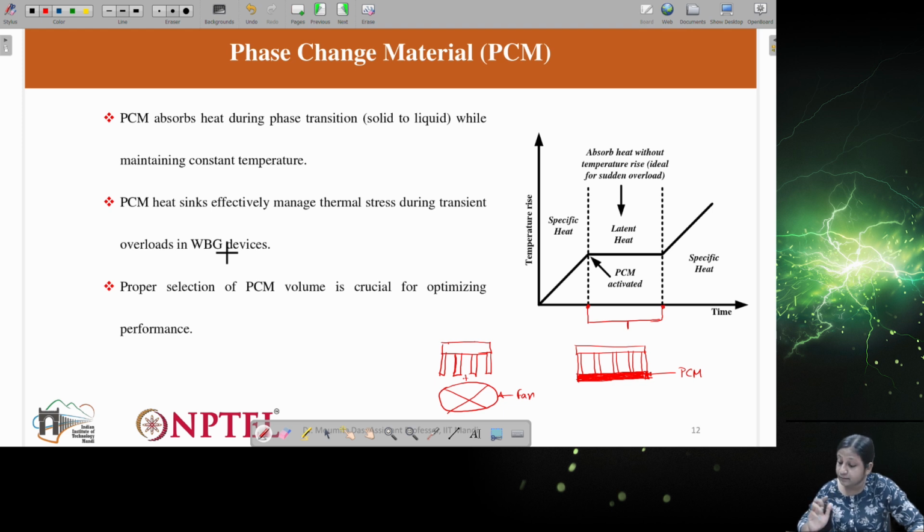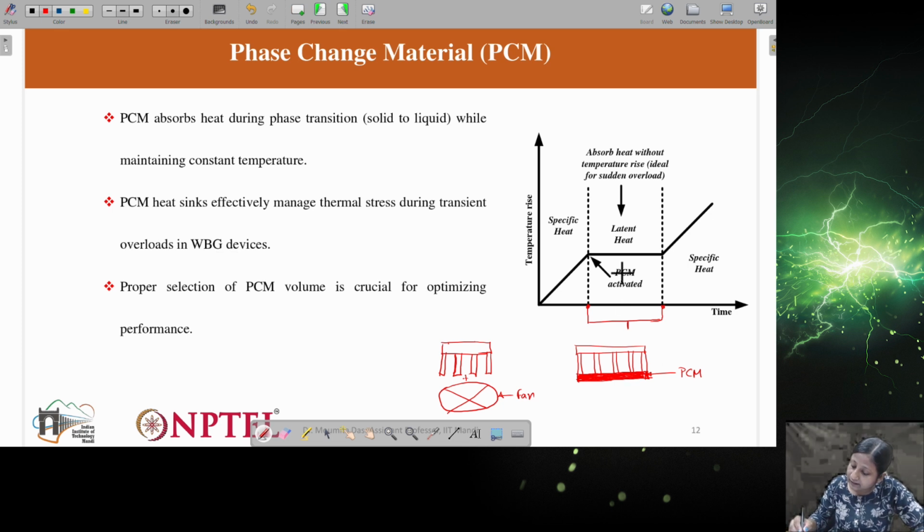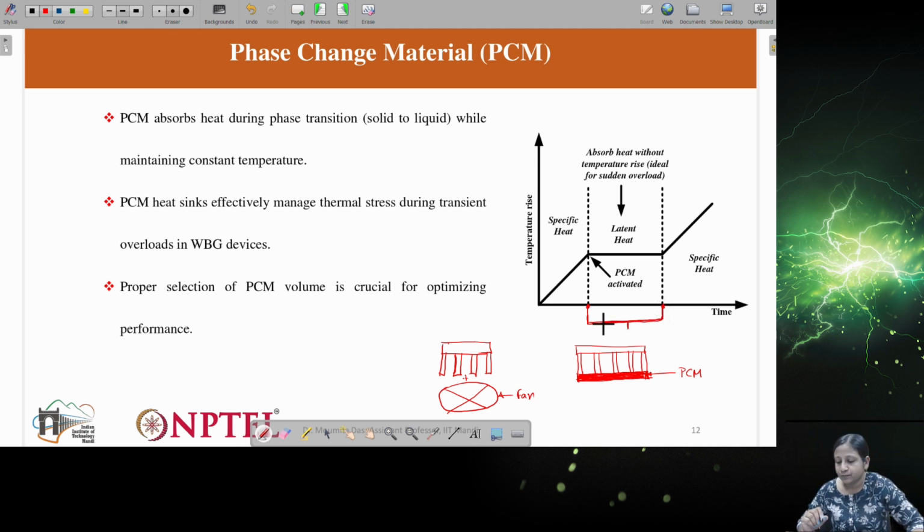In that time, if we have this PCM material, then the PCM will get activated and keep the device within this particular region. For a very short time the temperature of the device can increase, but since the PCM gets activated, the overall temperature remains constant for that duration, so that it can maintain the device temperature within a suitable limit.